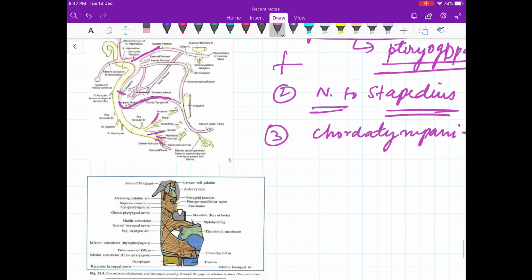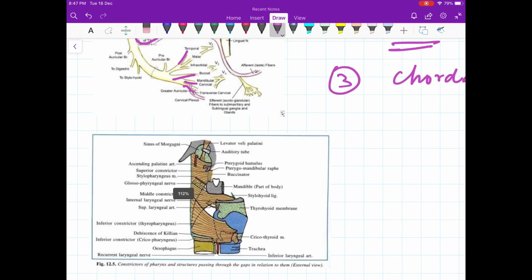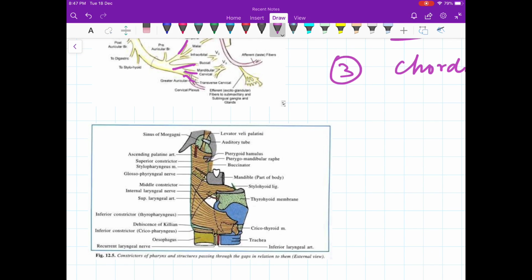And now we will discuss the various structures passing through the superior constrictor and inferior constrictor, between superior and middle and inferior, and base of the skull and superior constrictor. The structures passing between the base of the skull and superior constrictor are levator veli palatini, eustachian tube, and ascending pharyngeal artery.